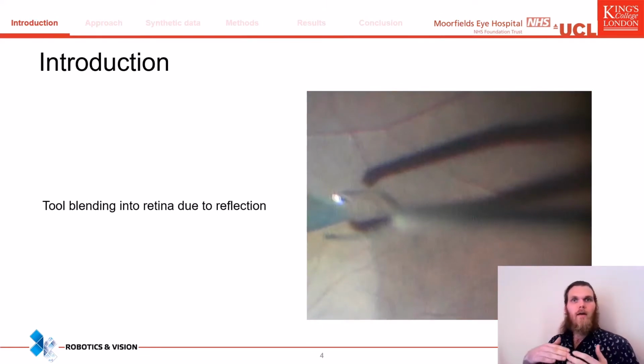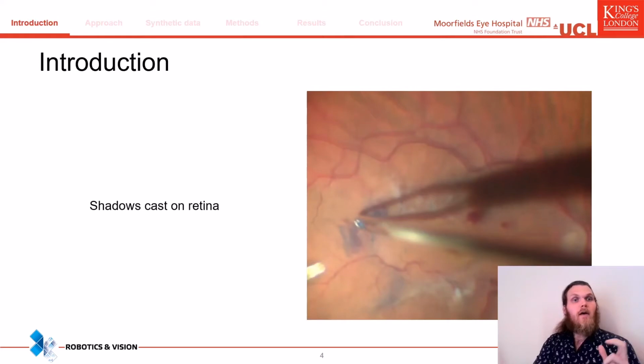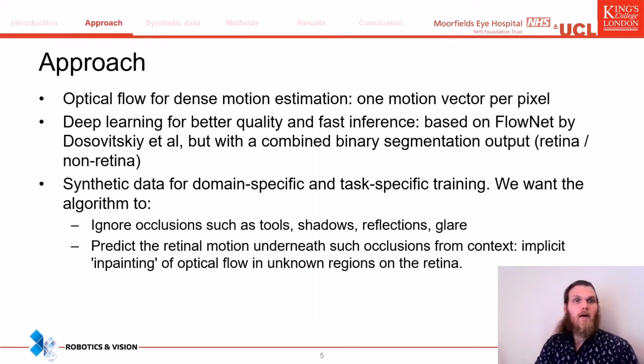Sometimes the retina is almost mirrored in the metallic shaft of the tool, which means that the tool blends into the retina a little bit. There are reflections and glare on the tool shaft. The tools themselves will cast shadows on the retina. All of this makes it difficult.